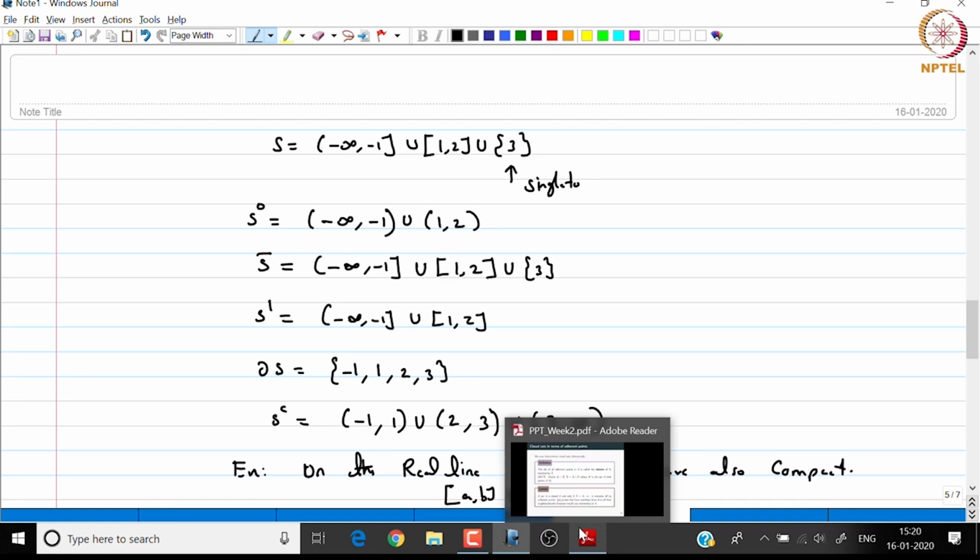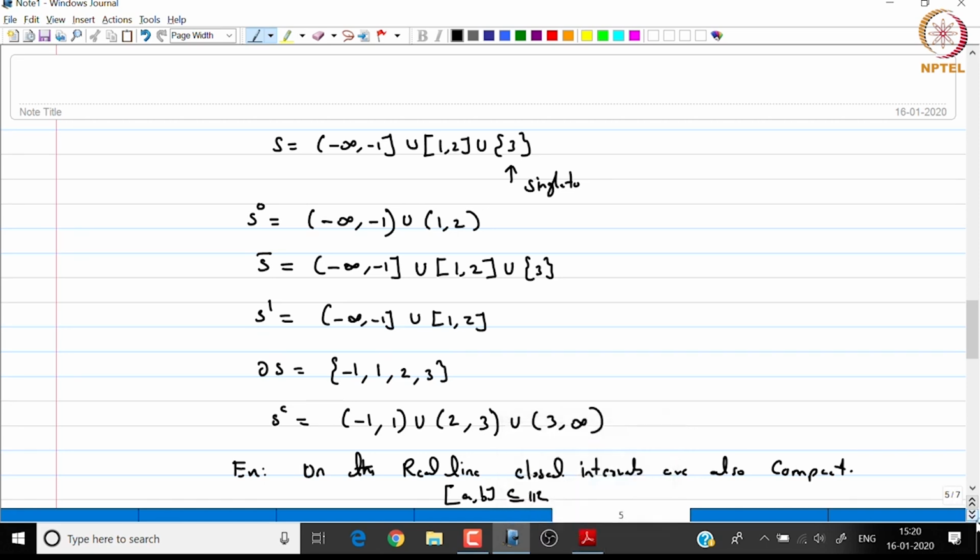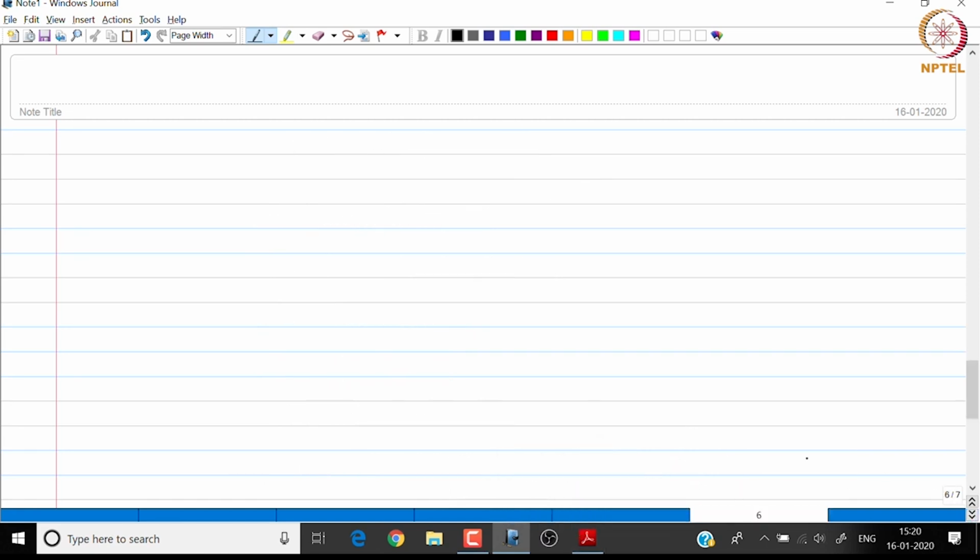Now, there are two questions that arise. Are there sets which are neither open nor closed? That is the first question. Then the second question is, are there sets which are both open and closed? We will answer the second question first.